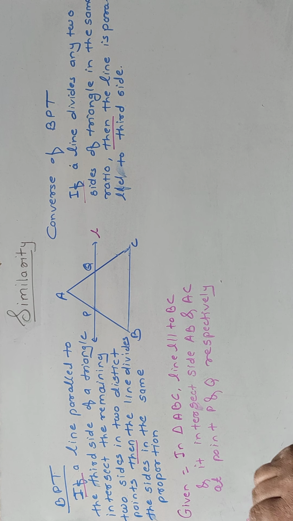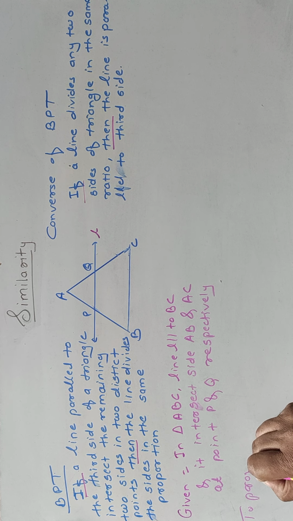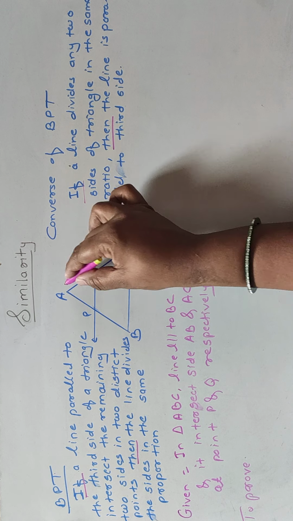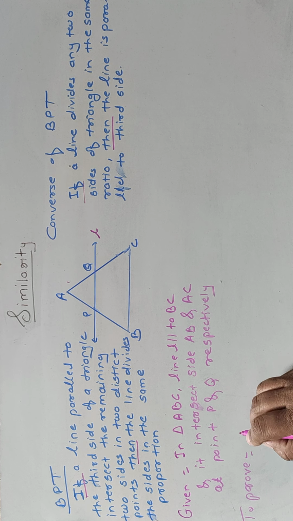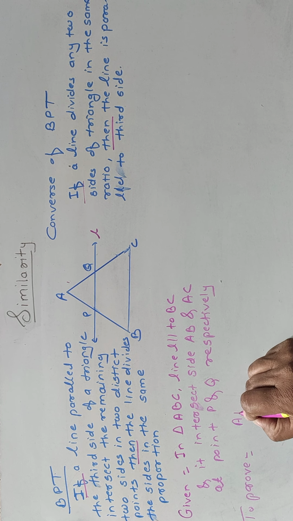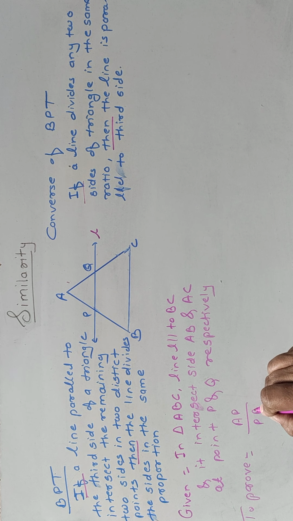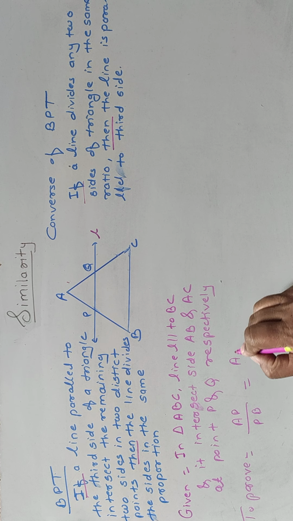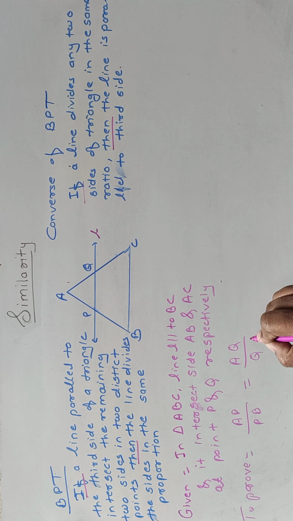And what we have to prove is, just as we saw, AP upon PB is equal to AQ upon QC.